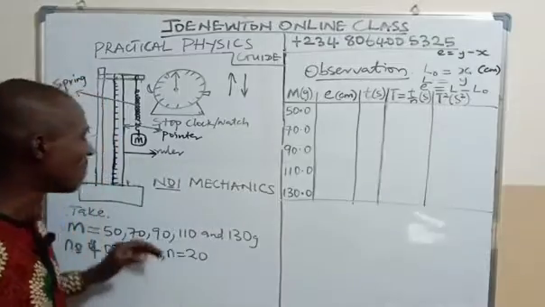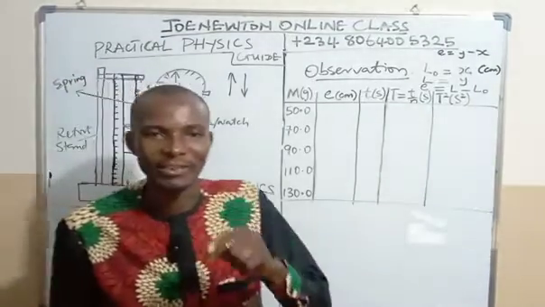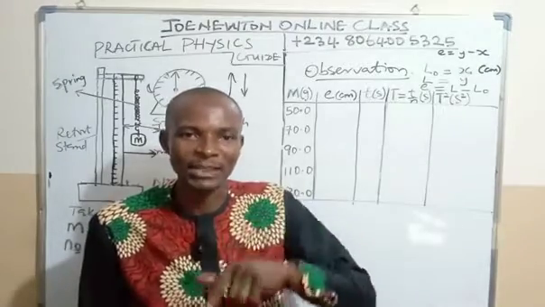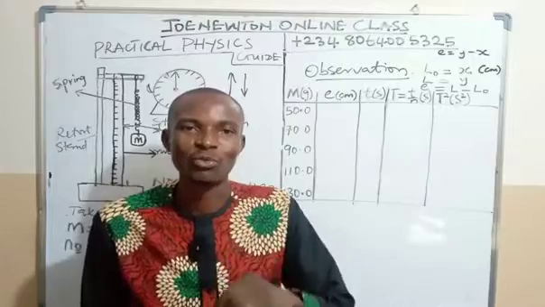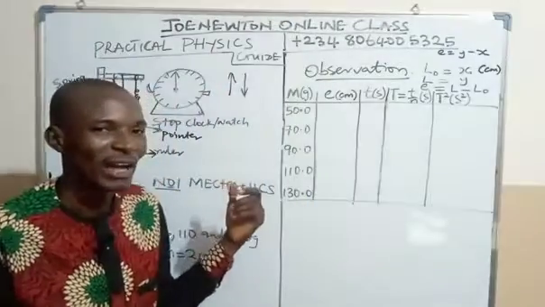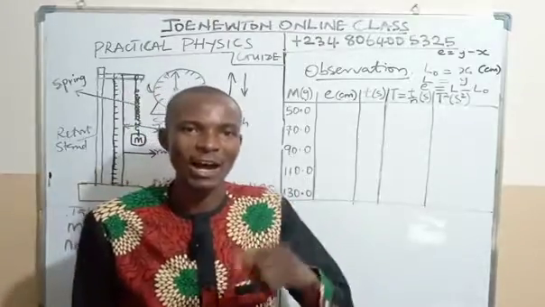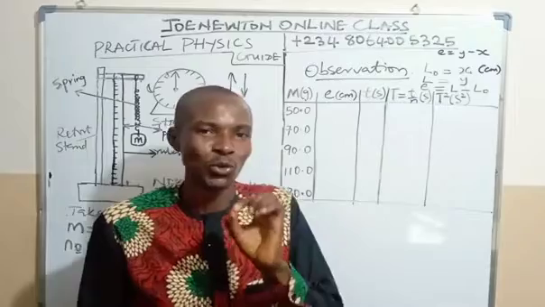So you see that as the mass is increasing, the time of oscillation to complete that number of oscillations is what? Increasing, because you are loading the spring the more, thereby making it oscillate slower as it is being loaded. That's the simple analysis. You should know this principle.